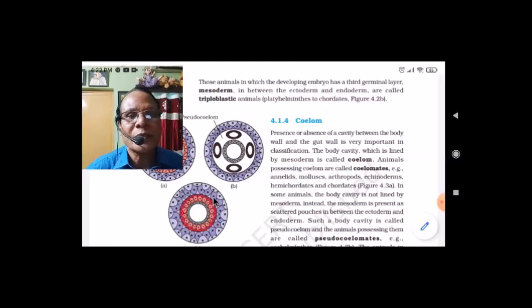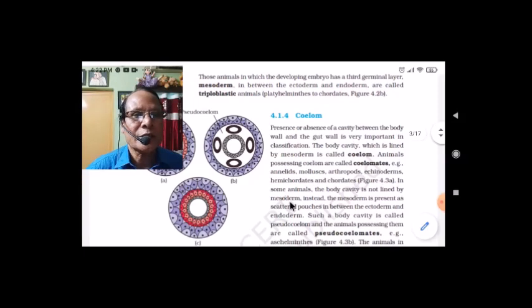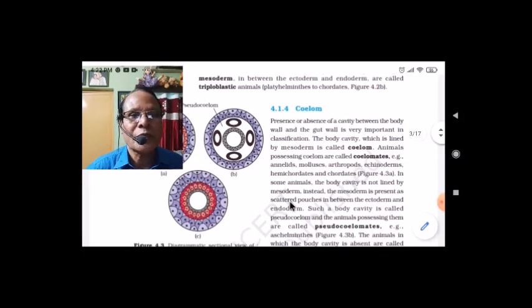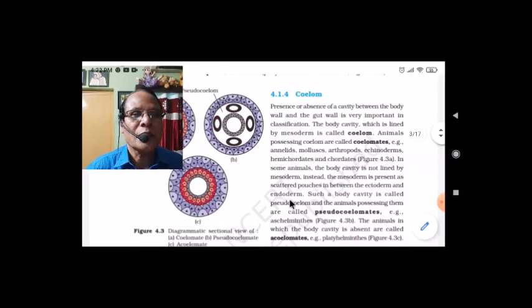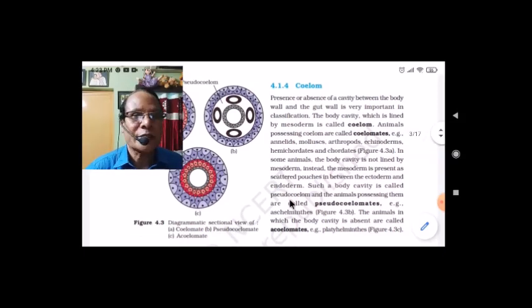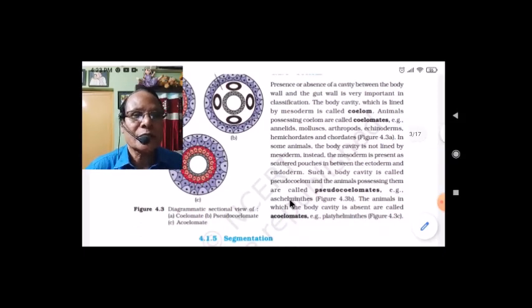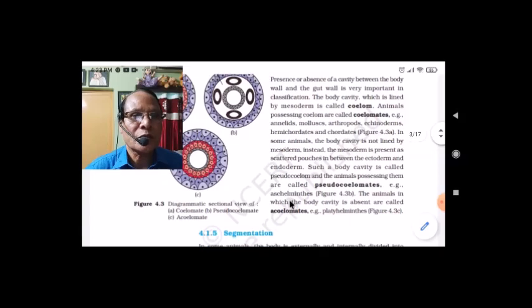Sorry, I made a mistake: that is acoelom, where the coelom is absent, as seen in flatworms, the phylum Platyhelminthes, like liver fluke and tapeworm. That's about the classification based on coelom.